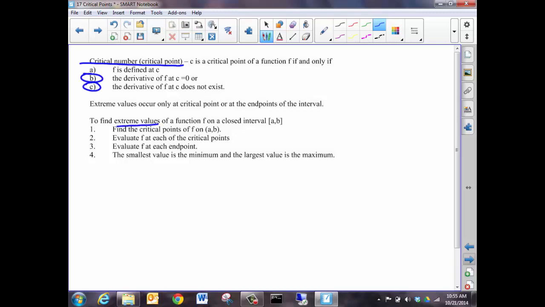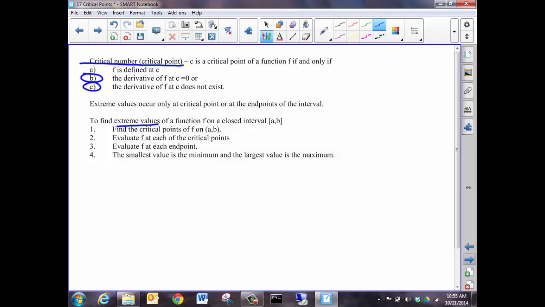Extreme values, it has to be a critical point and changes signs. Are we clear on that now? Critical points are where the derivative is 0 or undefined. Extreme values are where the derivative changes sign, okay?